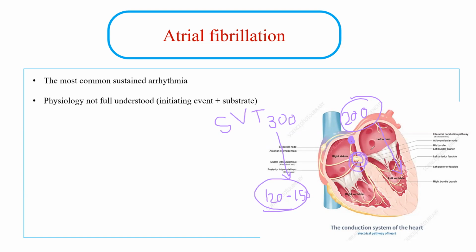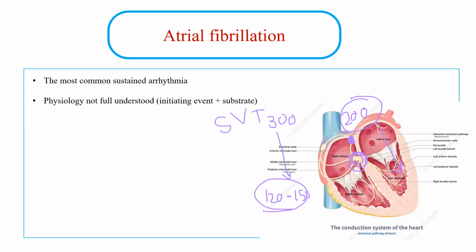If the AV node senses that the atrium is firing at more than 200, it will start to decrease the delivery of electricity to the ventricles, because it reaches the threshold to say, oh, this is too much, I can't deliver 300 beats per minute, let's cut down and deliver only half of that.